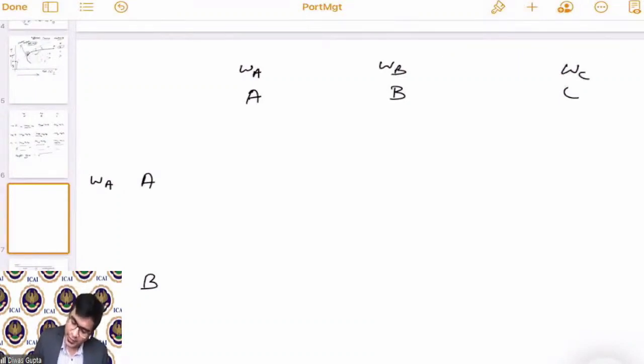Now, what we have to start with is the correlation coefficient between AA, which is always 1, right?